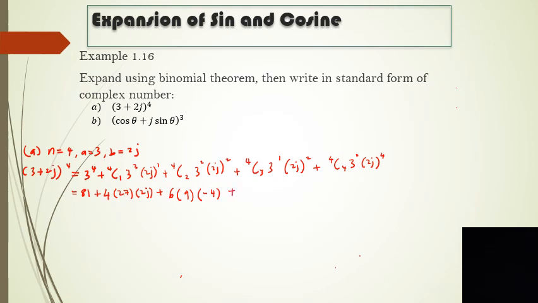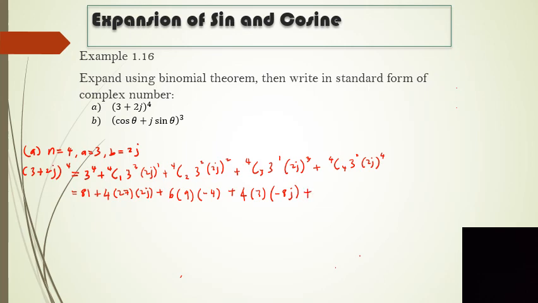Plus 4C3 is 4, times 3, 2^3 is 8, j^3 is negative j, so negative 8j.